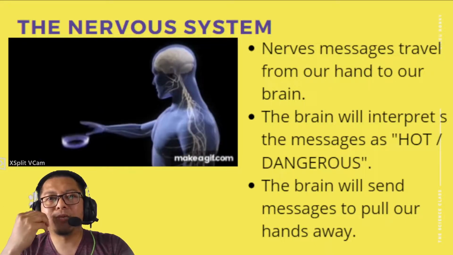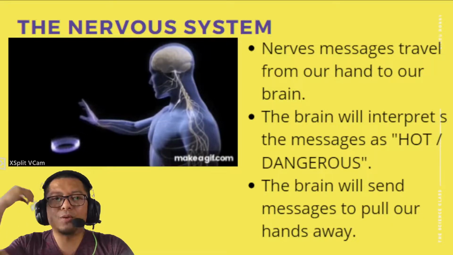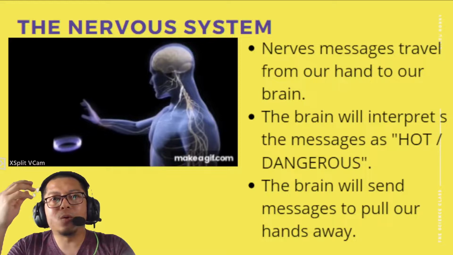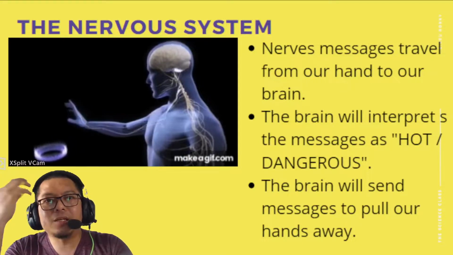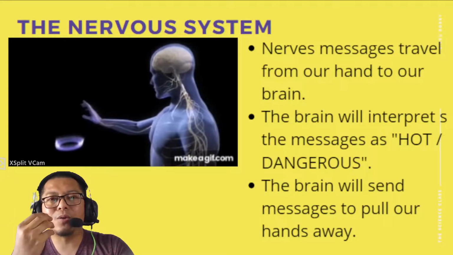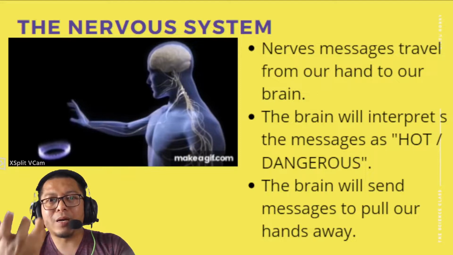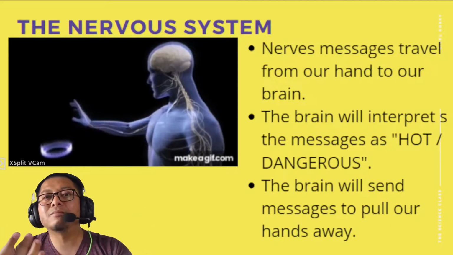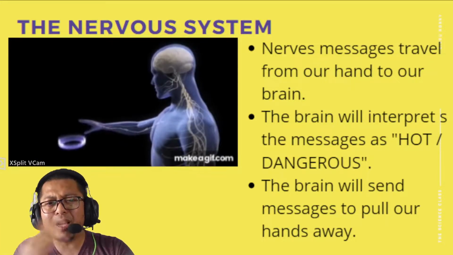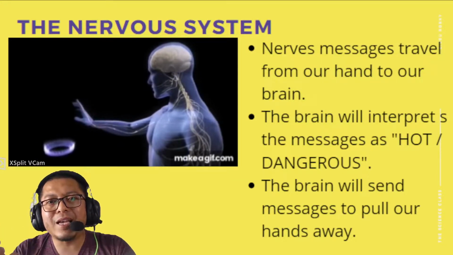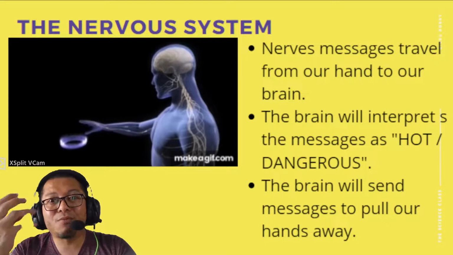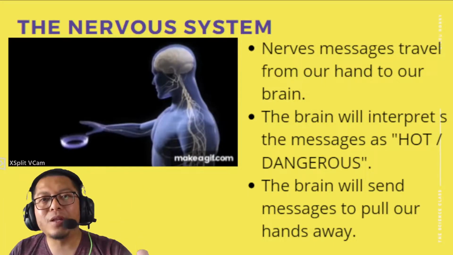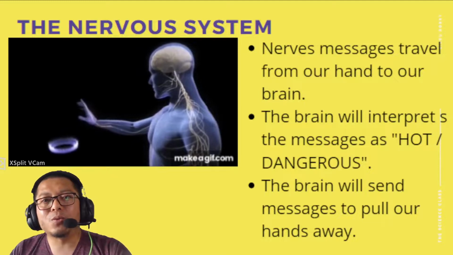So messages will go from your tongue to your brain, and then it translates as delicious or hot or spicy, and then it goes back to your mouth or your body. If it's delicious, you will say delicious. If it's hot, you will say ah. That's actually messages from the brain.